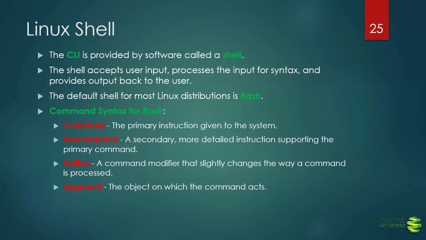But I can modify it by using some option like ls -l, to do a long listing to get more detailed information. And the argument here is file1.txt because I want to know all that. But I can also type just ls and press enter, and it will list all the files and directories. So I can also type the command without option and argument in some cases.